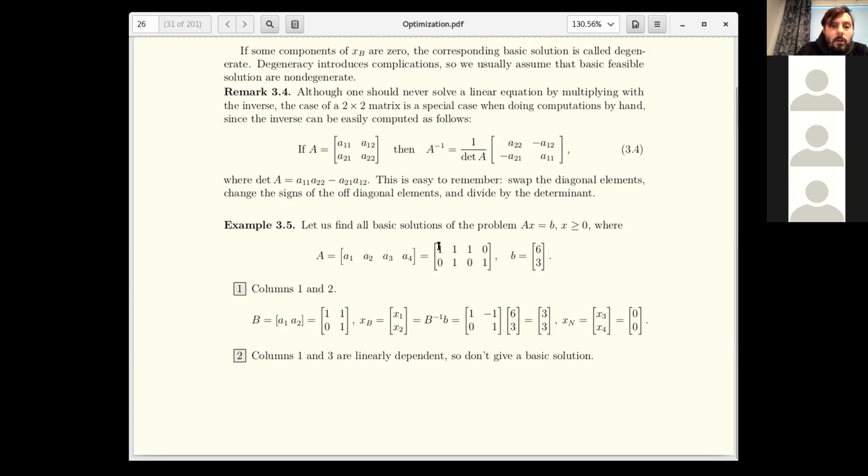Choosing columns 1 and 3 doesn't give us a basic solution because 1 and 3 are linearly dependent. They're actually equal, so we don't have to check it at all because the corresponding matrix does not have an inverse. So we can forget about 1 and 3.